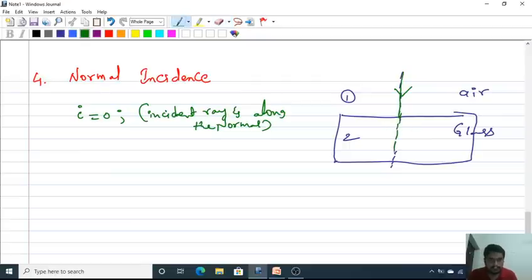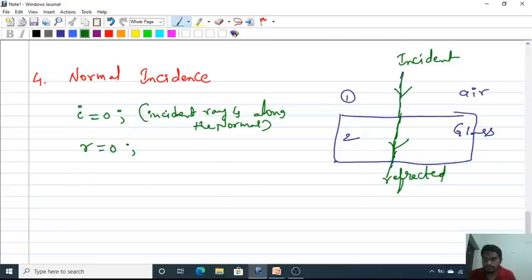It goes straight. The refracted ray also travels in the same direction. This is the incident ray and this is the refracted ray, both along the normal, so the angle of refraction is also 0. Therefore the angle of incidence is equal to the angle of refraction, which is 0.